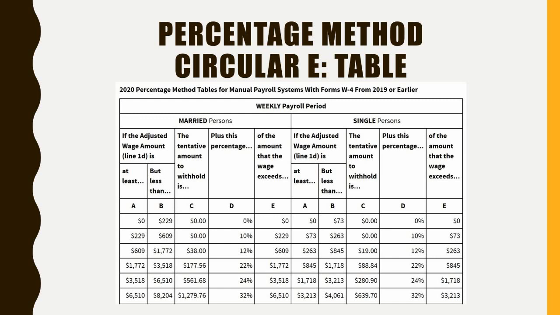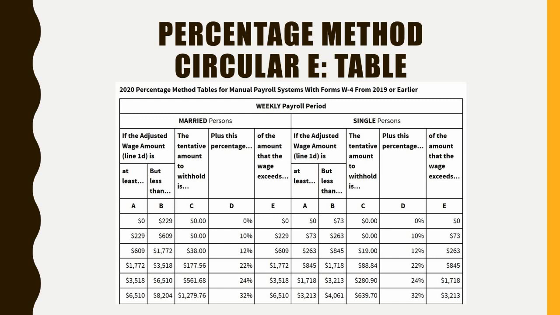A is $263, and did she make more than $845? In this case, no, she only made 520. So she belongs in this row right here.